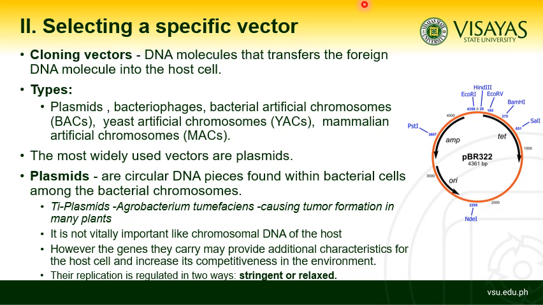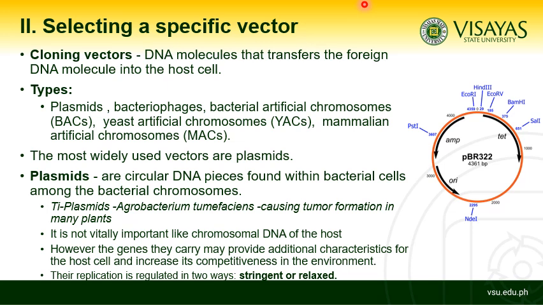So again, these plasmids are removed and isolated from the bacterial cells so that they can carry the gene of interest. Even if they are removed from the bacterial host cells, it is still fine because they are not vitally important, but their presence may provide additional characteristics for the host cell.